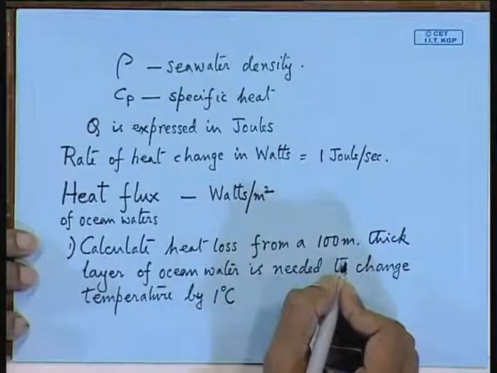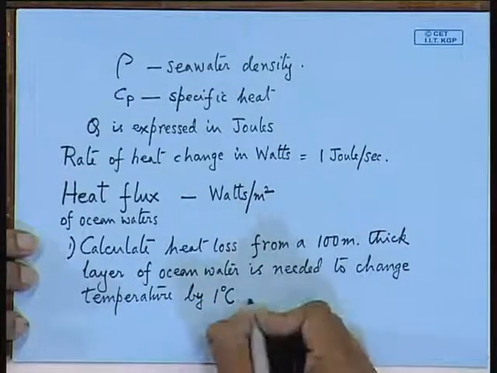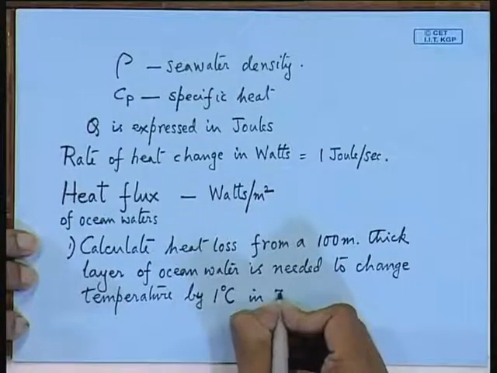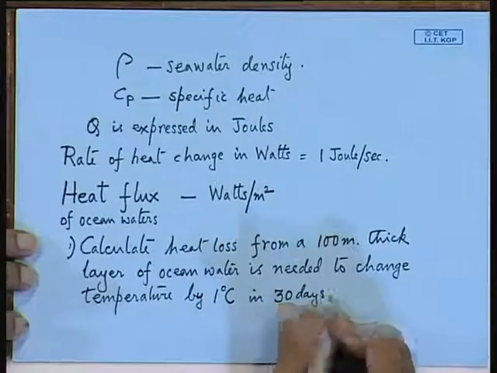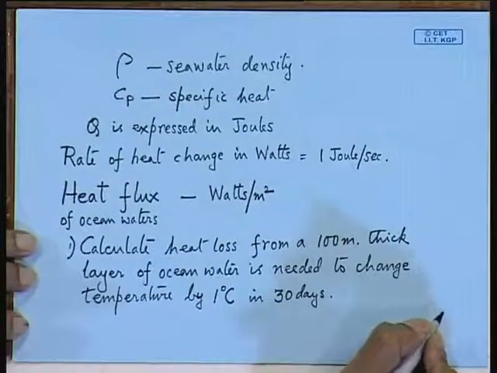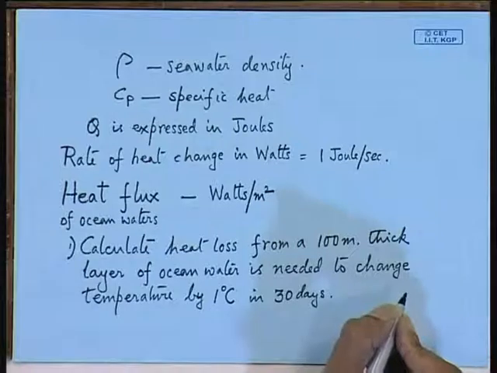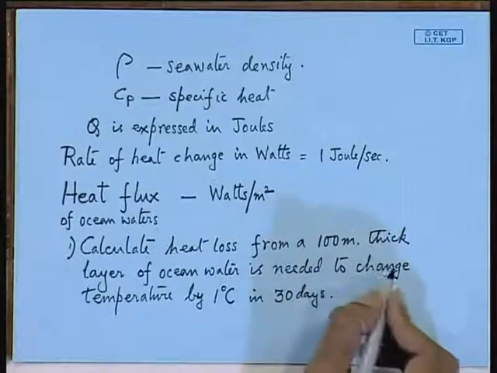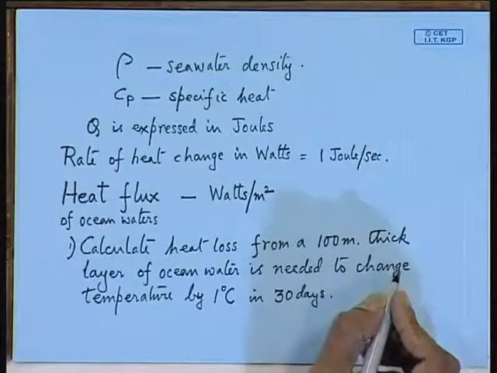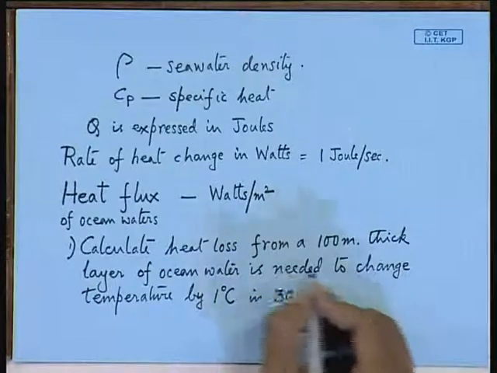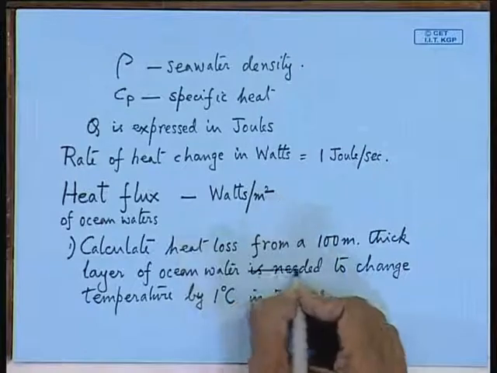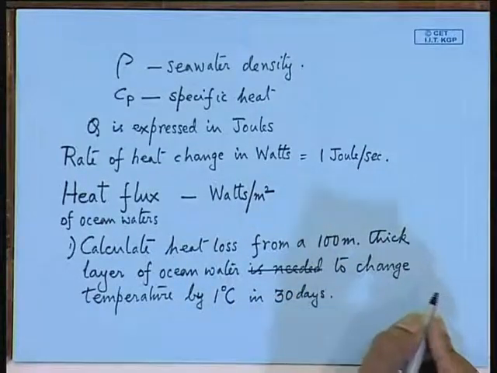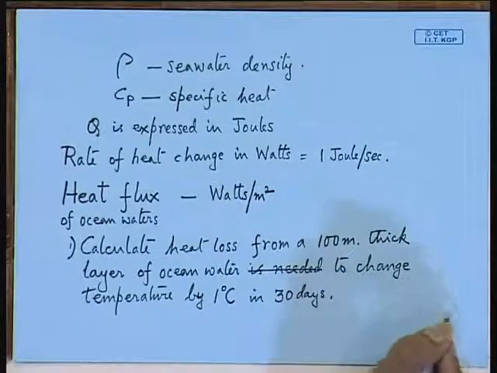So temperature change is 1 degree centigrade in 30 days. So let us take the spread to be 1 month. So calculate heat loss from a 100-meter thick layer of ocean water that is needed to change temperature by 1 degree centigrade in 30 days.